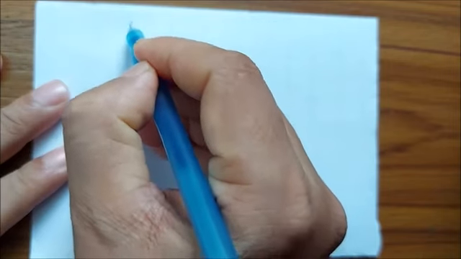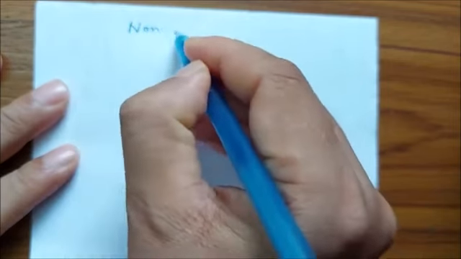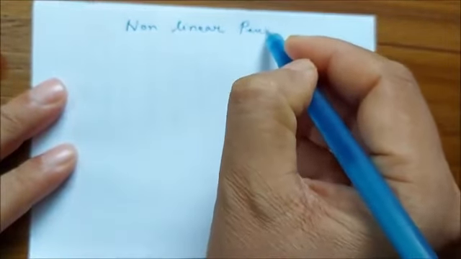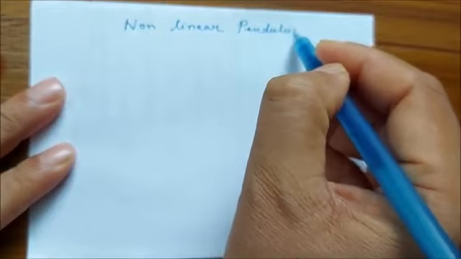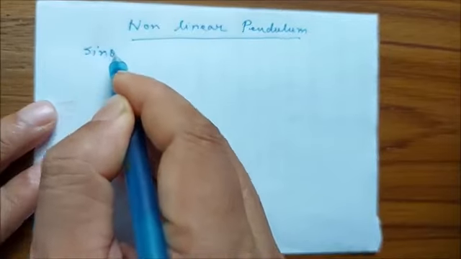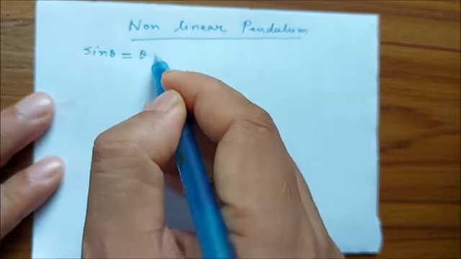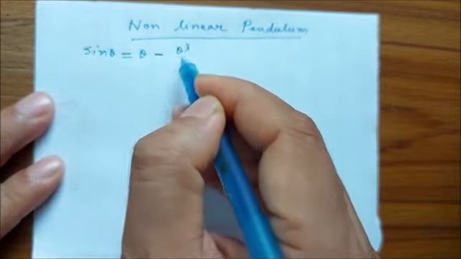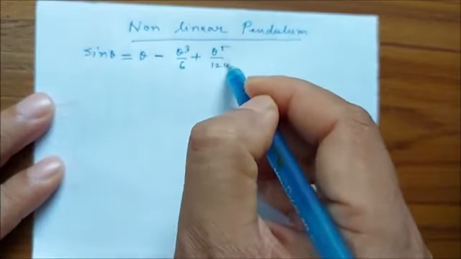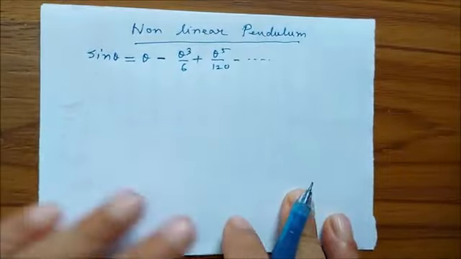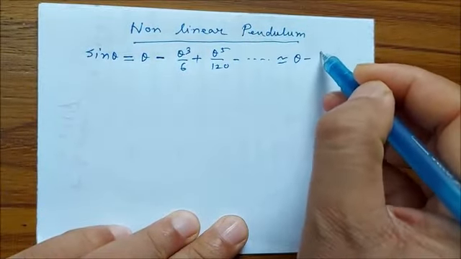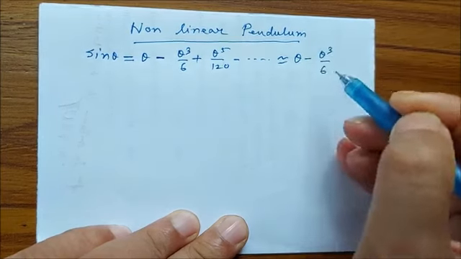We now discuss a non-linear pendulum. Sine theta, which is expressed in a series, is theta minus theta cubed by 6 plus theta to the power 5 by 120, and it goes on like that. Let us approximate sine theta as theta minus theta cubed by 6.